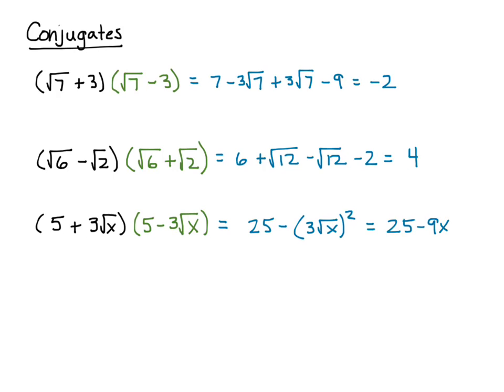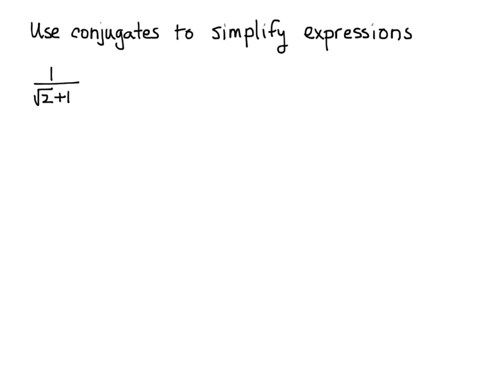All right, so what good's a conjugate? If we have radicals in the denominator, but it's not just a radical, it's the sum of two terms, either two different radicals or a radical and an integer or a radical and a variable or any combination like that.